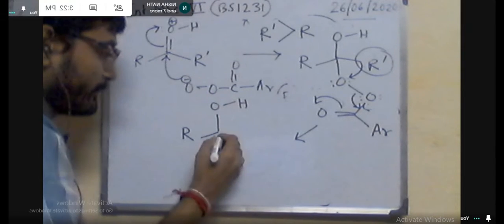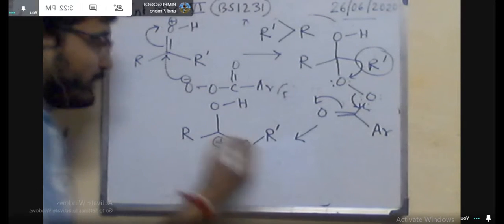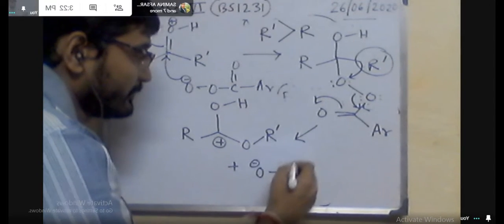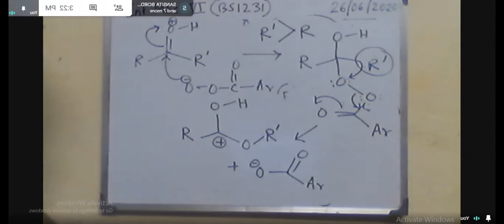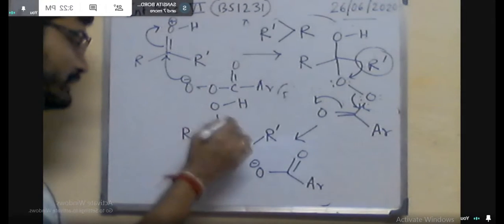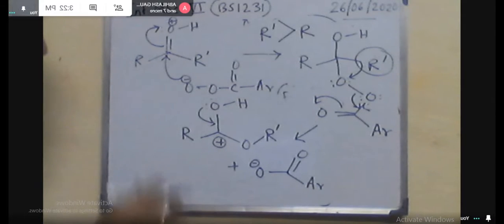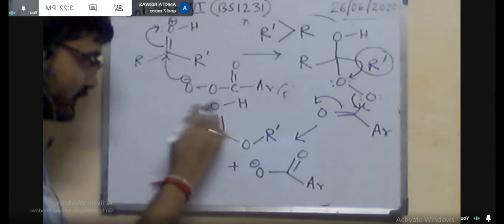After formation of this, the last step is the same, that means it will donate here so that it can form the carbon oxygen double bond, that means the ester bond is formed here, and finally there will be the deprotonation. So the ester molecule will generate. So this is the general mechanism for the Baeyer-Villiger oxidation.